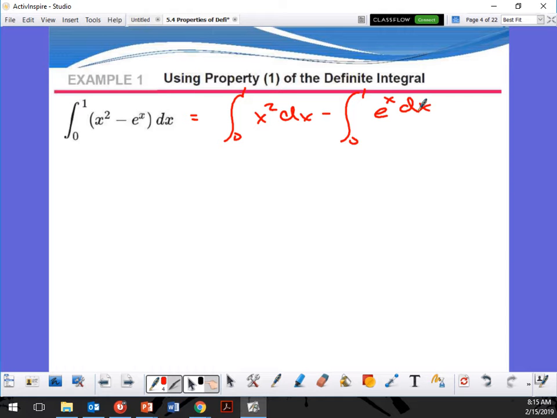And that's all that means there. So let's go through and integrate this. My first one, the left one, is going to be x cubed over 3 from 0 to 1, minus, that one's going to be e to the x from 0 to 1.